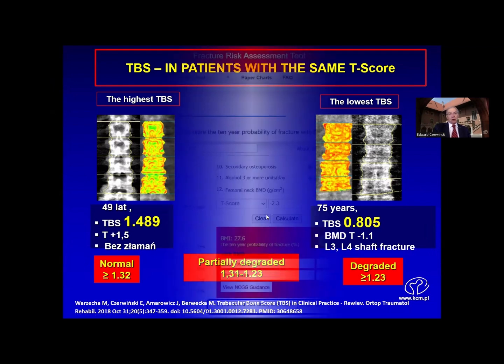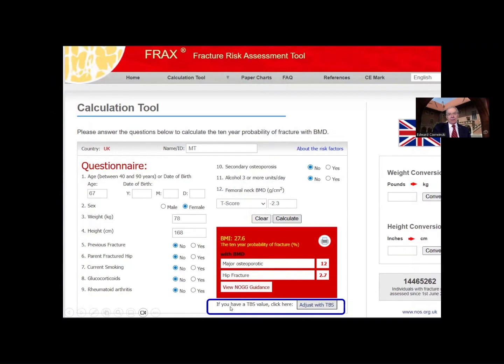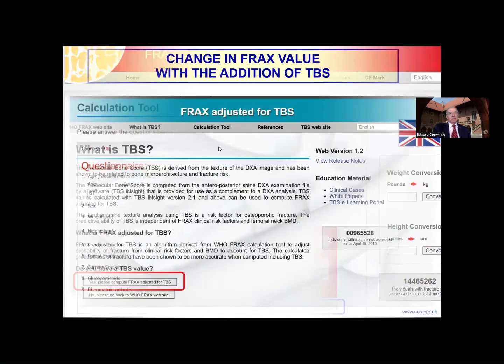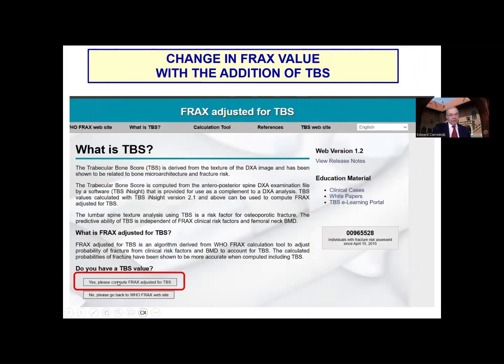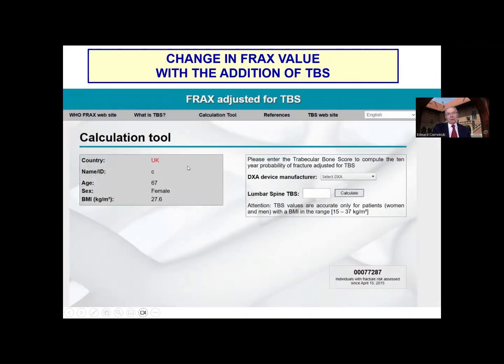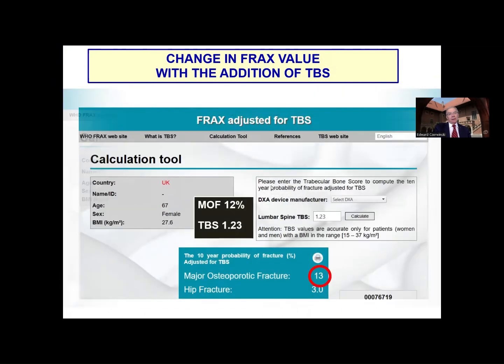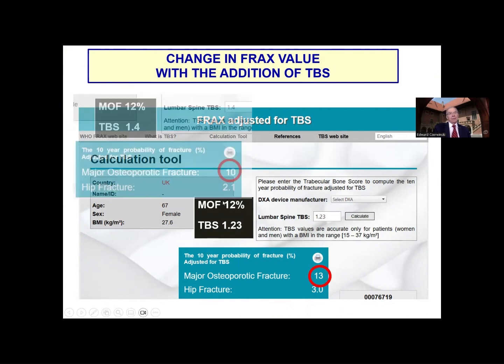So here we are back to our chart, and we press adjust with TBS. Yes, we want to adjust. So I make the calculation, and you have to select the DEXA, of course, which one you have. I put 1.23, and I got the result 13, so no change, perhaps.